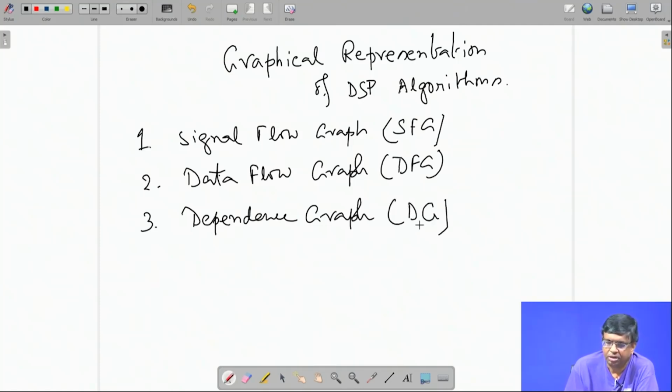Of these three, the first one is not very widely used, but we have to start with this to understand both data flow graph DFG and the dependence graph.